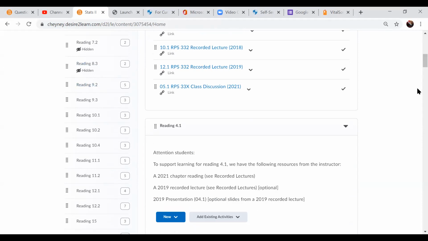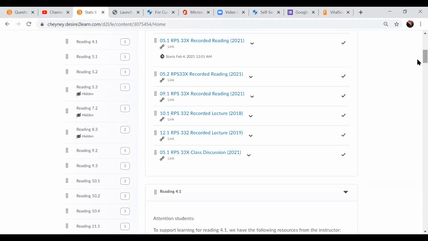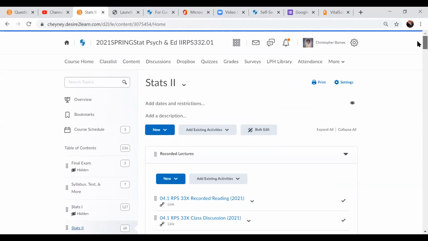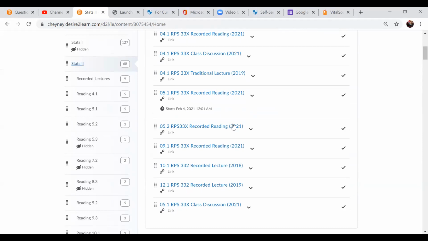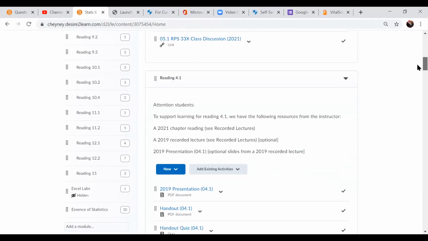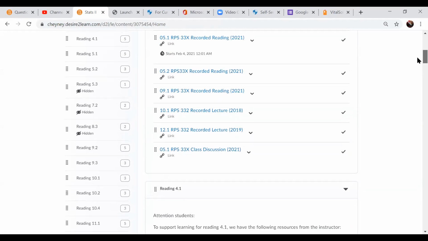However, and this is actually a good point, I hope you guys weren't lost on this. But the recording, if you go down to the recorded lectures, you go into stats 2, and then you go on to the recorded lectures, which is the first folder under there. The 9.1 lecture is there. But you're absolutely right. I need to create a folder for reading 9.1 to put it in there.